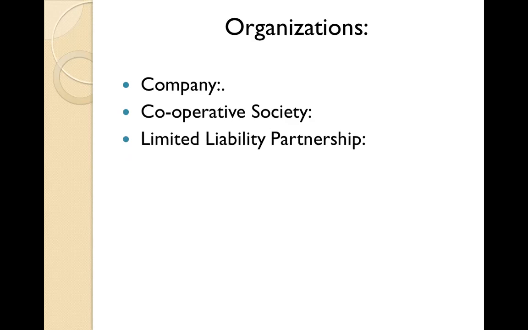A limited liability partnership firm is also eligible for membership. Hindu undivided family. A Hindu undivided family is not eligible for membership, but the Karta as a person can be eligible for membership.